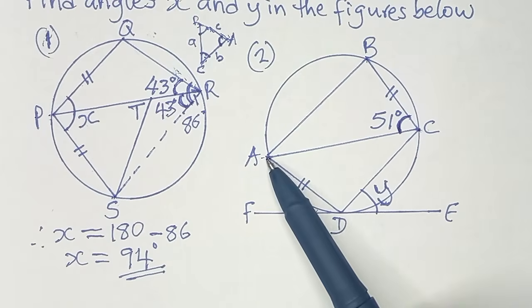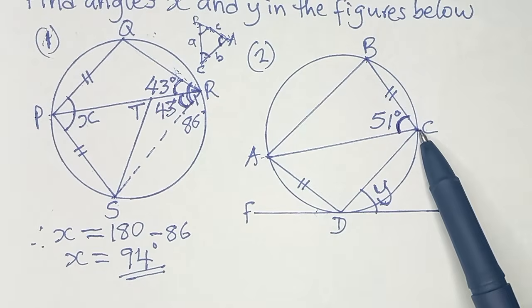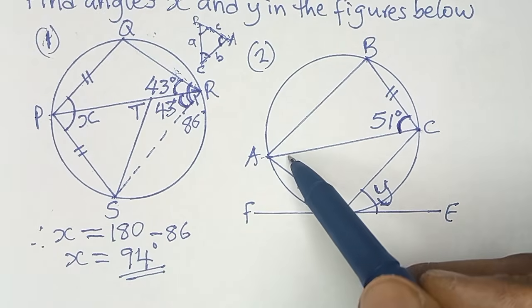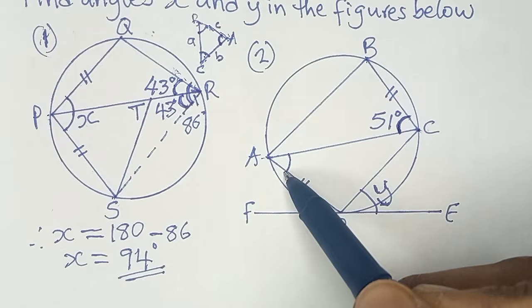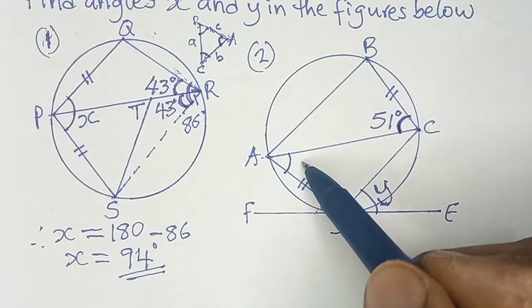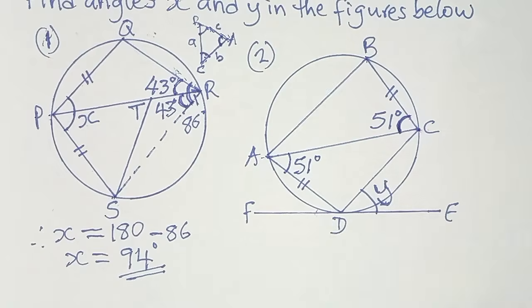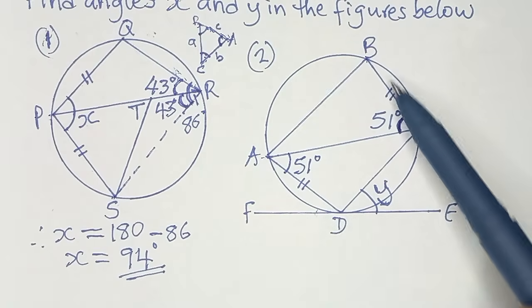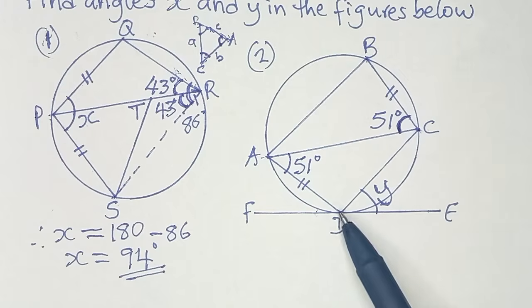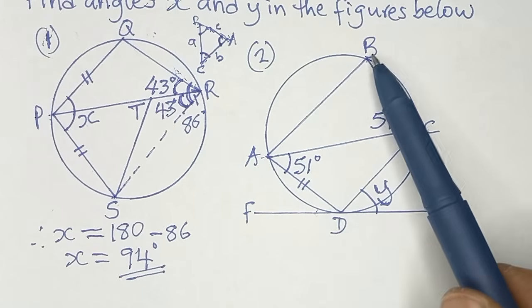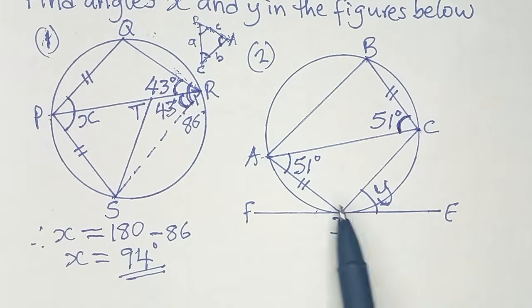And this time, AC. Hope you can see that. So you agree with me that the angle here will also be 51 degrees. Why? Because these two lines are equal to these two lines. This is BC, which is equal to AD.